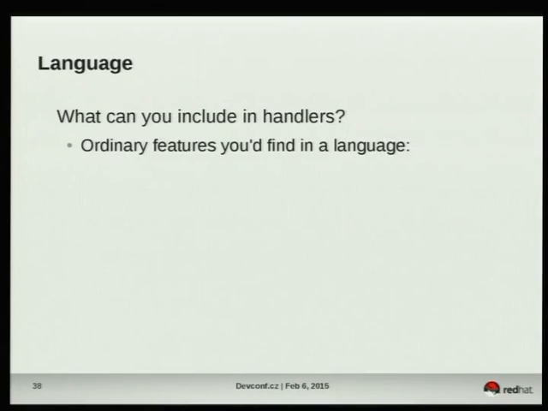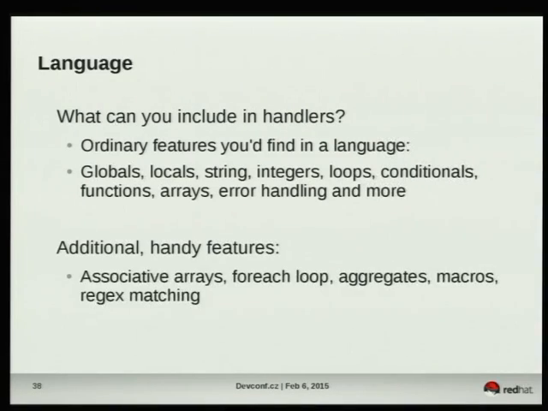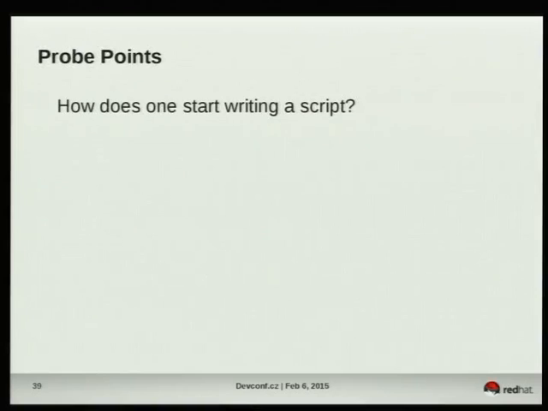So what can you do with the information once you have it? We have the general gist of most scripting languages, like functions, macros, regular expression matching, error handlers, loops, aggregates, right? So you can do a lot of the stuff you might currently already be aware of.